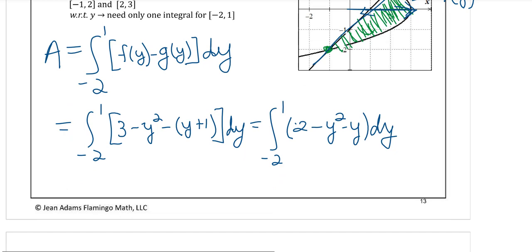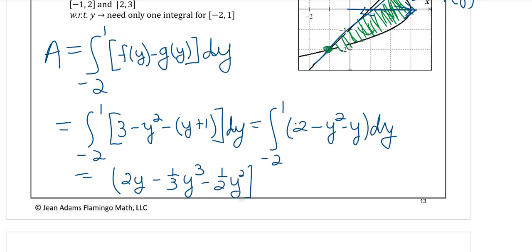Okay? Now actually taking the integral, we're going to get 2y minus 1/3 y to the third minus 1/2 y squared, and this is between negative 2 and 1.